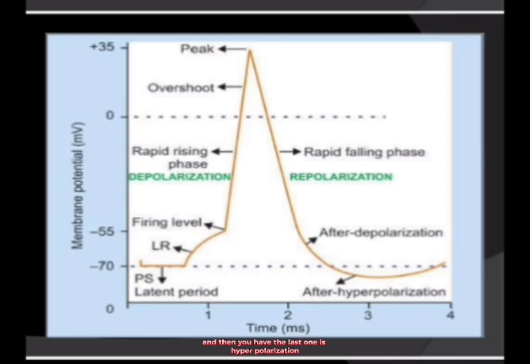After depolarization, you can do away with that, so you don't get confused. So the last stage is hyperpolarization.